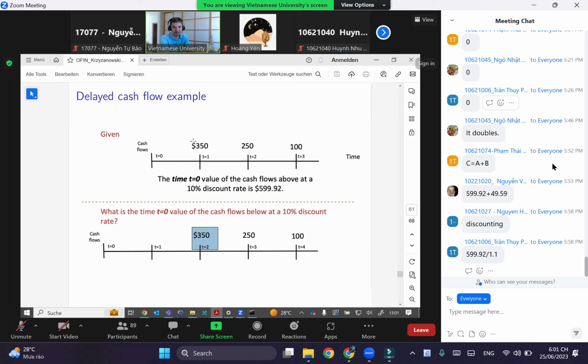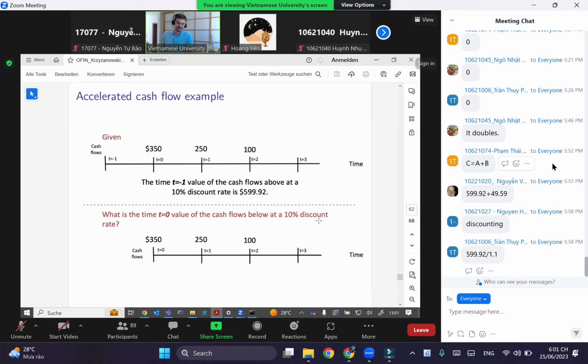So you would have to discount the 350 one period more in order to go to the T0 value of the 350. And the same holds true for the 250, which you would get in this initial example at T equal 2. Here you would get it at T equal 3. So for the time 0 value of the 250, you would have to discount one period more, and the same you would have to do for the 100, right?